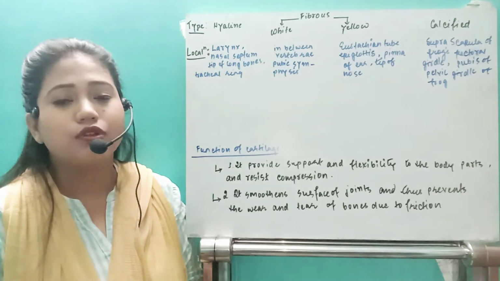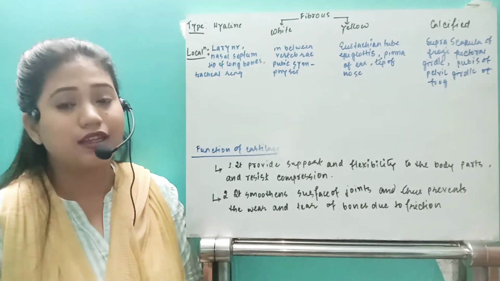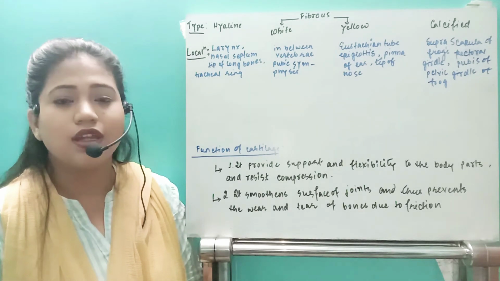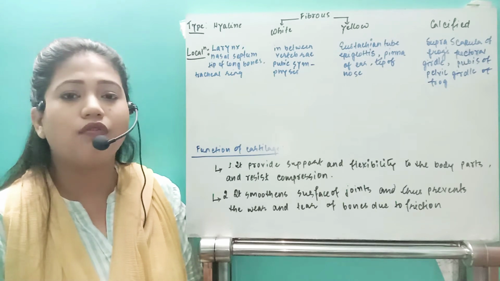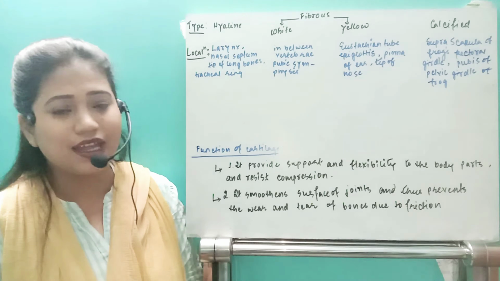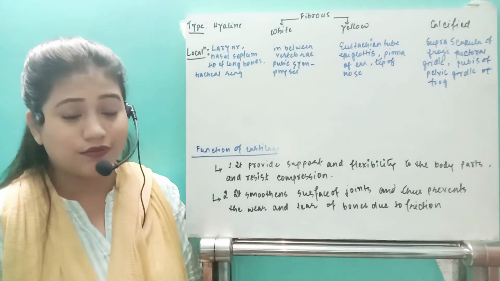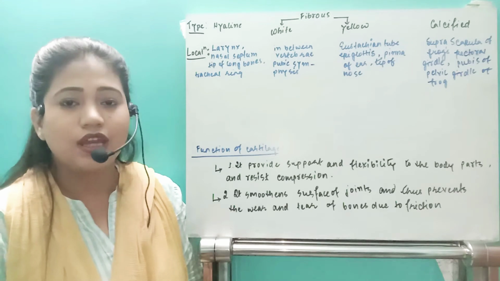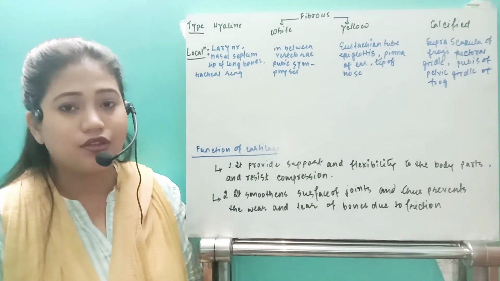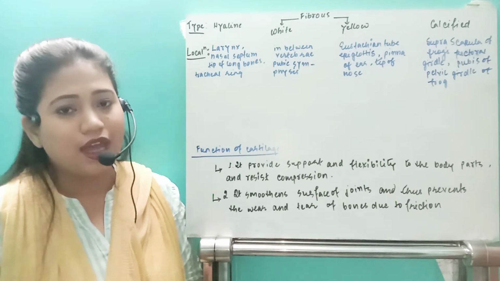Now come to the different types of cartilages. First one, hyaline cartilage. Remember, this is a very important point: the transparent tissue of our body is the hyaline cartilage. It is glass-like in appearance. If it comes to fibrous cartilage, there are two types of fiber, white and yellow, as I already told you.